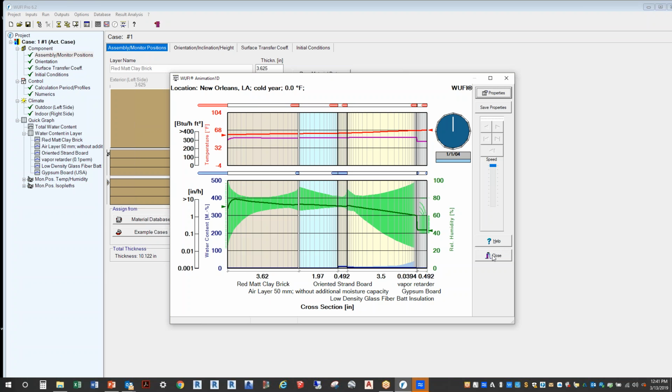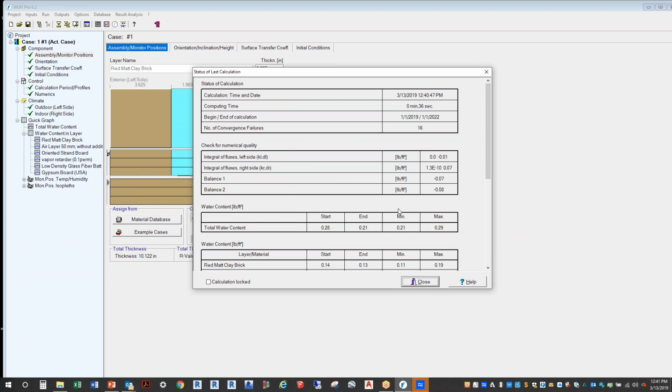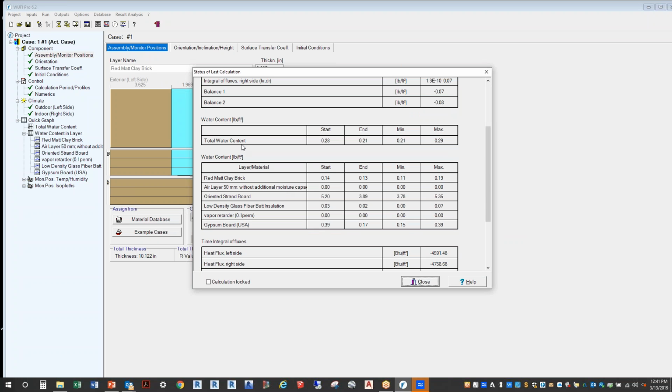And you can go back and watch these. It makes a recording that you can watch. You can make a video of it and send it to somebody or whatever. All right, so water content started off at 0.28 and ended at 0.21. That's total. Oriented strand board looks okay. Yeah, it's not that bad.